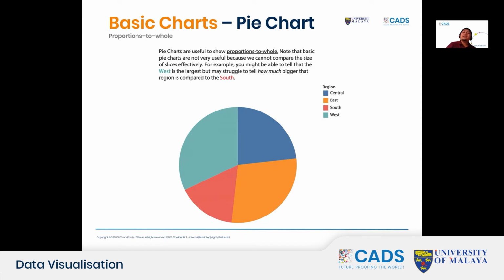But in most cases, a specialist in statistics doesn't recommend you to use a pie chart as well, right? Because using a pie chart, it's hard to compare between two or three values, especially when the values are not significantly different, right? Let's say from this perspective, can you give me the answer between west and east? Which one is bigger?